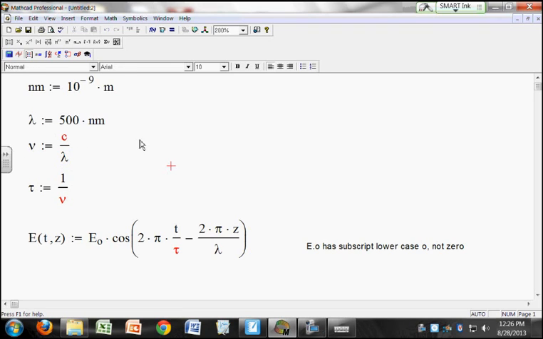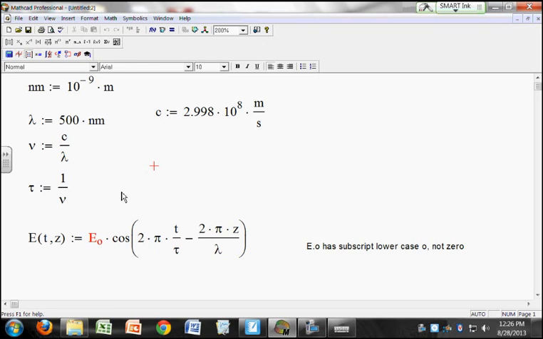So we have to define c before that. So let's define C. C colon, what's the value of C? 2.998 times 10 raised to the power 8 space bar times meters slash seconds. So now it knows tau, it knows lambda.